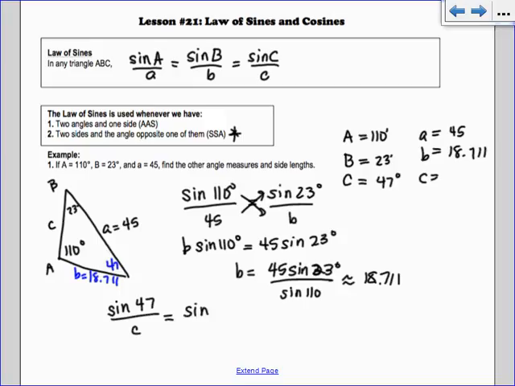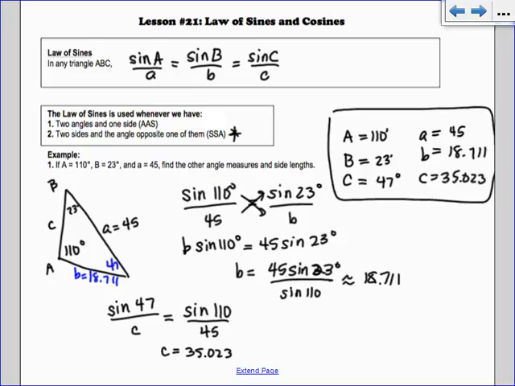I always use the originals if possible, instead of using the b that I already found, just in case I'm wrong. Solving for c, you should get 35.023. So we found all 6 measurements, all 3 angles and all 3 sides. We've now solved the triangle.